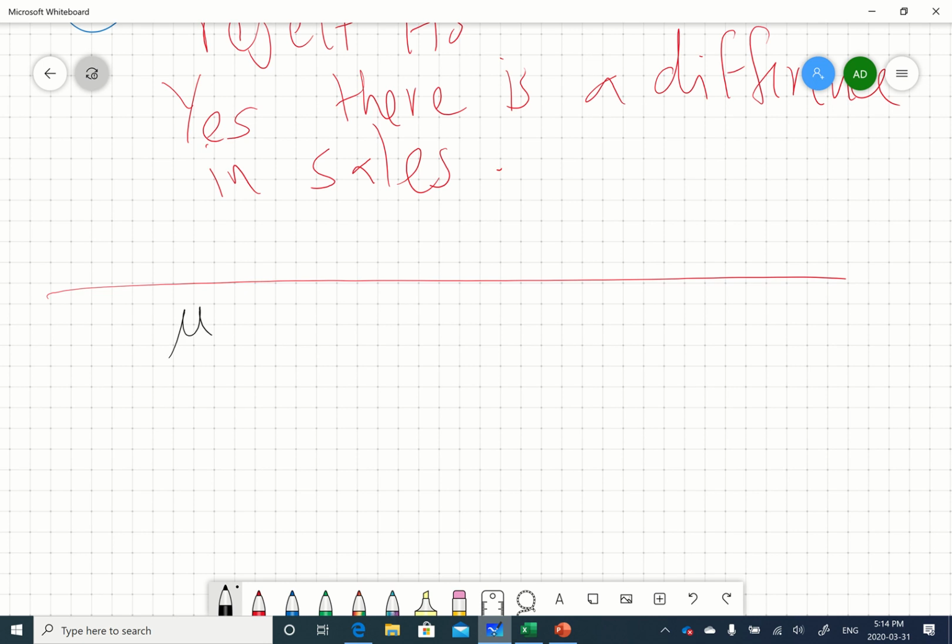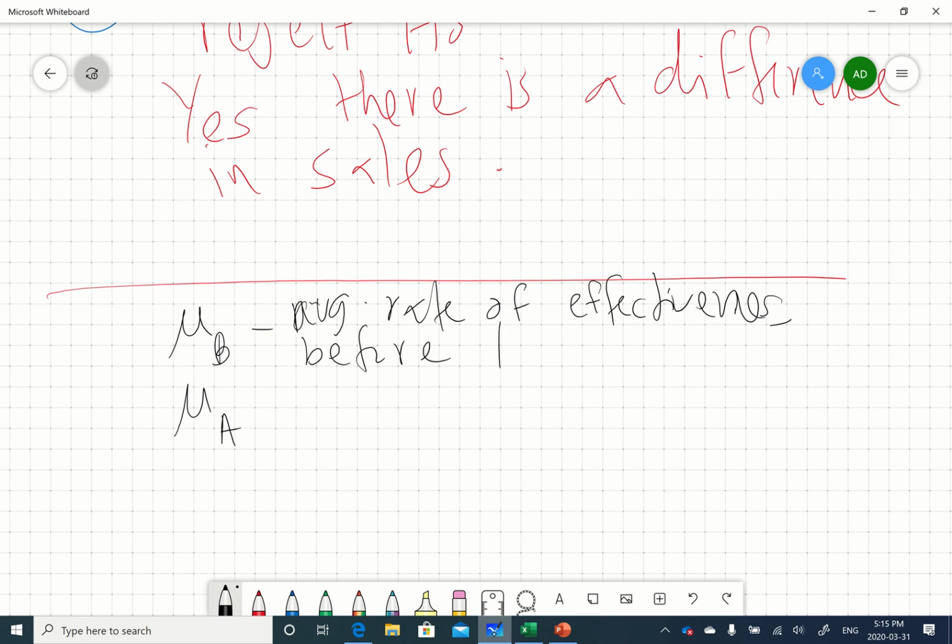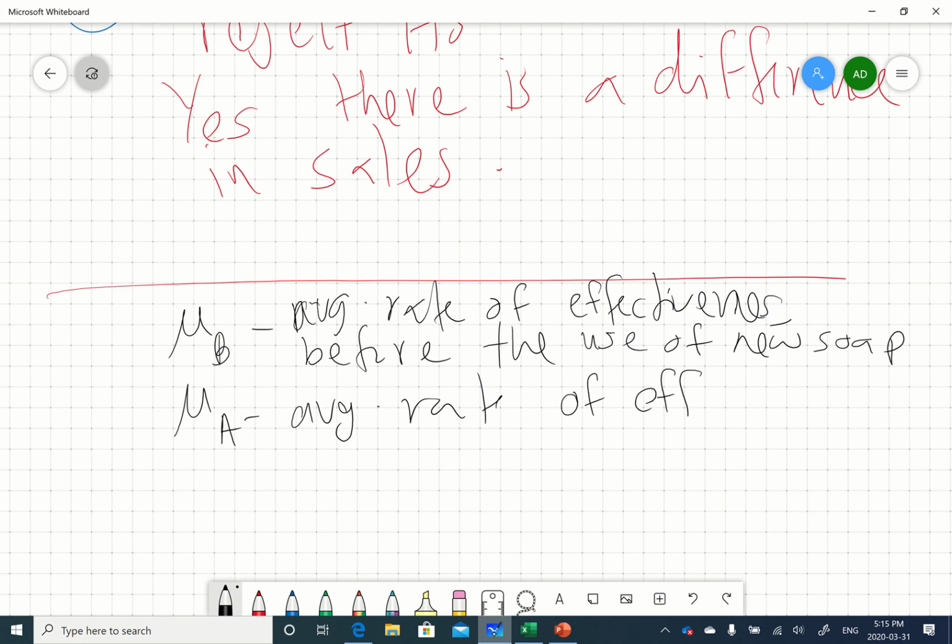So let's take the average rate of effectiveness before the use of soap, and then the average rate of effectiveness after the use of the new soap.